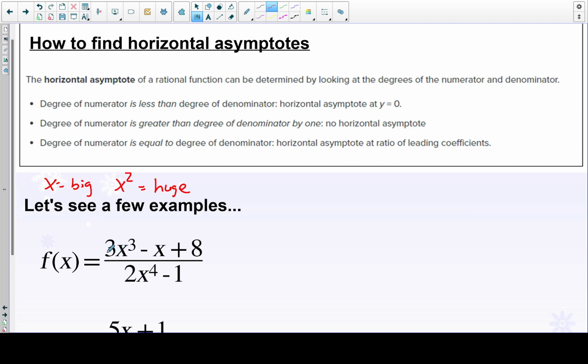So what you end up with here is the situation where you have basically something that is pretty big divided by something even bigger.